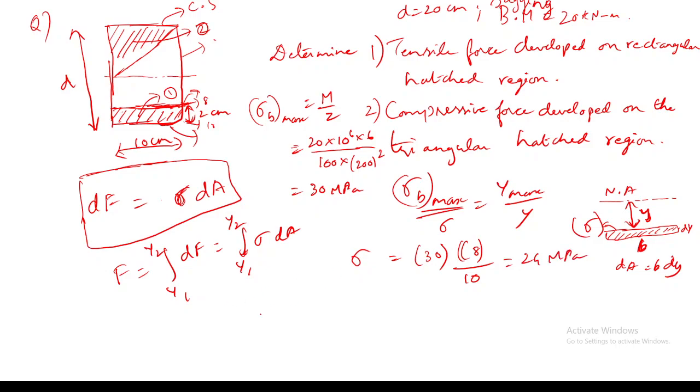But here the force F is sigma into dA. Sigma is changing from fiber to fiber, so I have to write this sigma in terms of y. I should not substitute the constant value. The 24 megapascal is the stress at this fiber alone, while the stress is actually varying all through this hatched area.